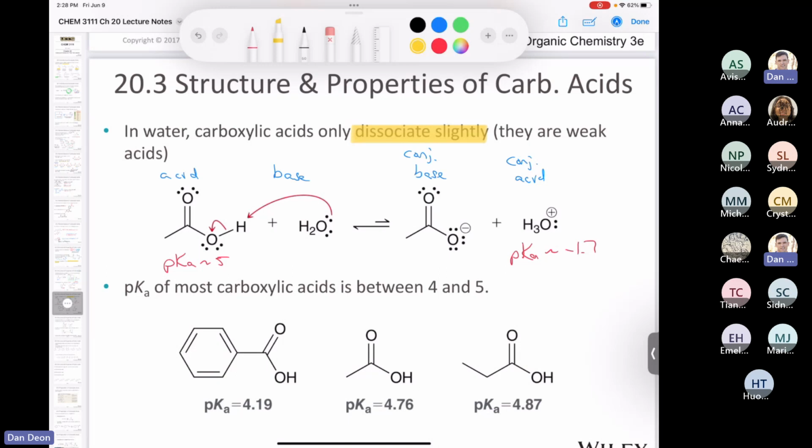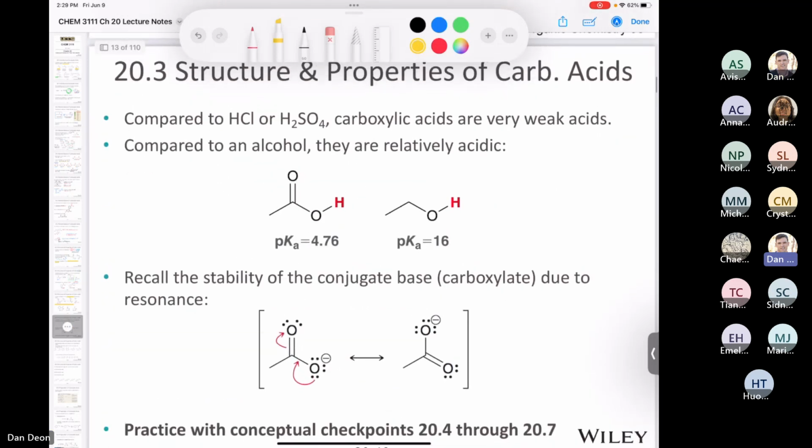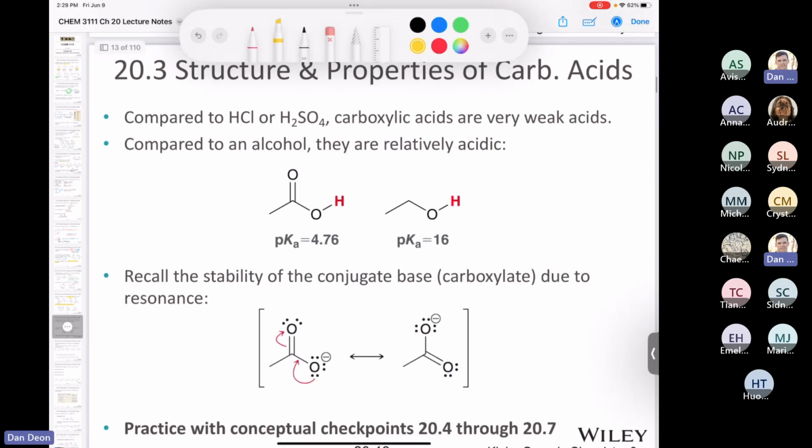because it dissociates completely. Now, you've probably remembered this just by my scribbling here, that the pKa of most carboxylic acids is in the neighborhood of 4 and 5. Of course, we can affect that pKa by adding electron withdrawing groups by an inductive effect. We'll talk more about that later on.